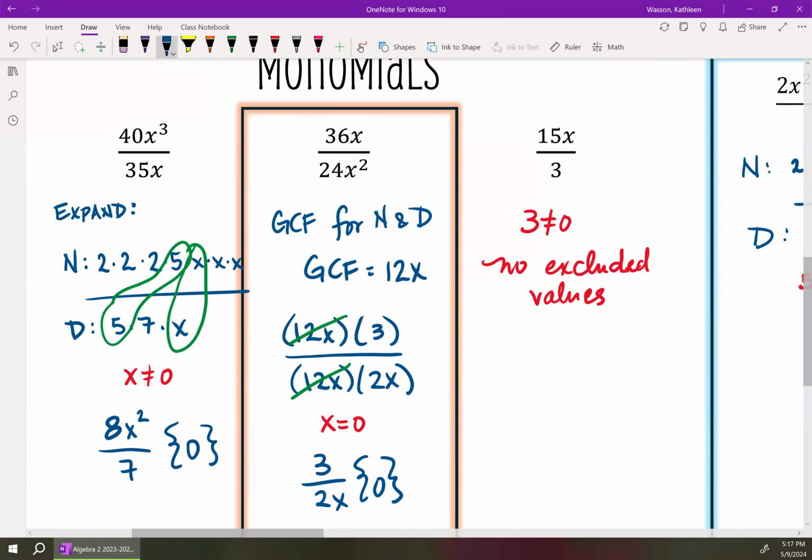When I write it as factored, considering the greatest common factor, then I could write this 15x over 3 as 3 times 5x over 3. And the common factor is 3. So that leaves me 5x. No excluded values.